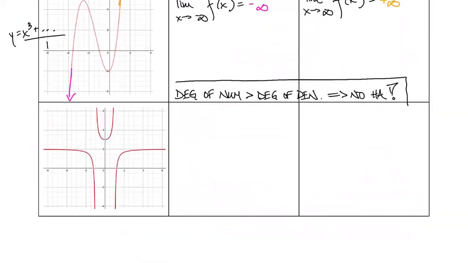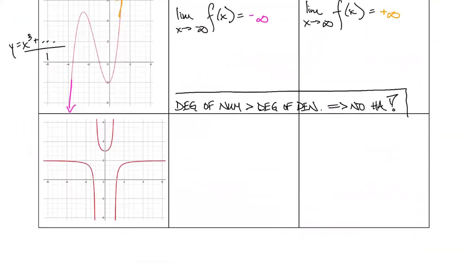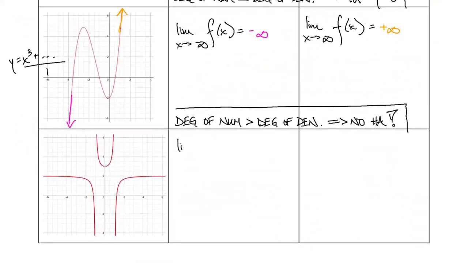All right. Last but not least, let's take a look at this one. If I say the limit as x approaches negative infinity, and if I ask you also for the right end behavior, I'll give you a moment to look at that graph. But what do we think those two limits are as we go to infinity and negative infinity? Okay, I see 2.